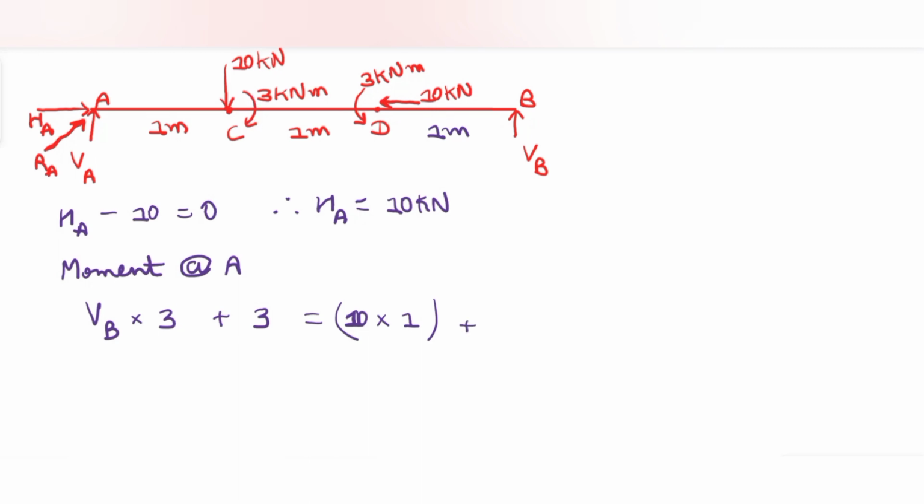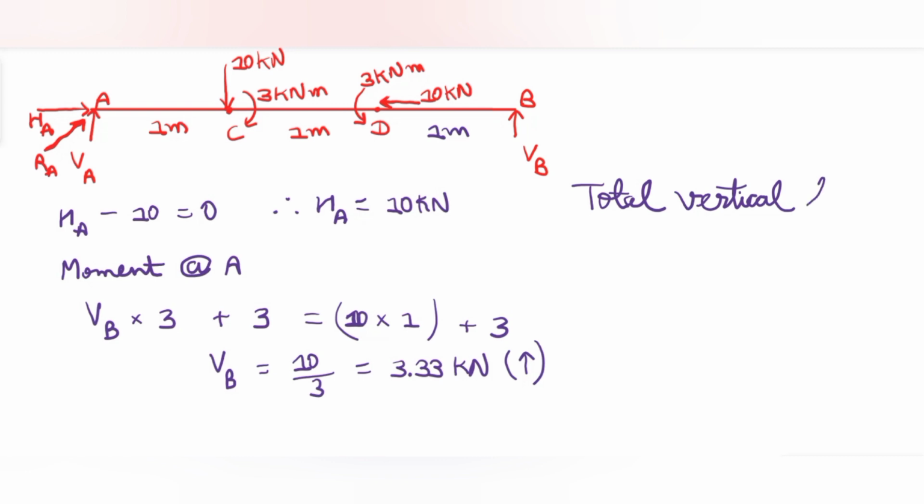Now what remains is our 10 kilonewton horizontal load. Comment: should I add it or not? So we don't have to add it. Why? Because it won't produce any moment about A. So we'll have VB is equal to 10 by 3, that is 3.33 kilonewton, and then VA plus VB is equal to the total vertical load.